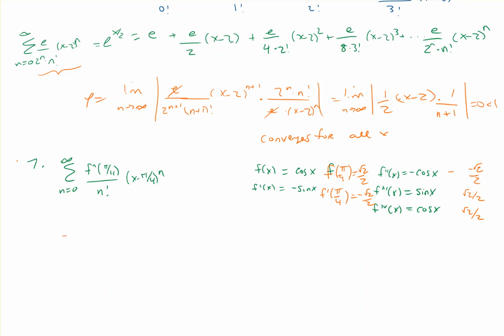So the Taylor series is going to be like this. The Taylor series centered at pi over 4 is going to be f of pi over 4 over 0 factorial times x minus pi over 4 to the 0. And this is not necessary, folks. Why am I taking my time to do this? It's because this is a solution guide.